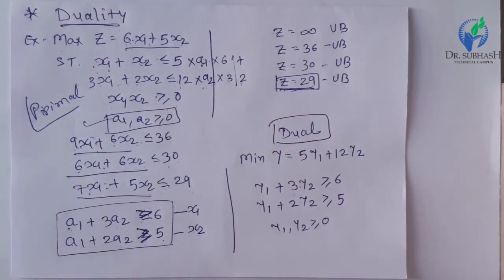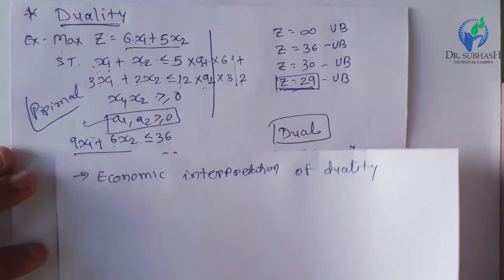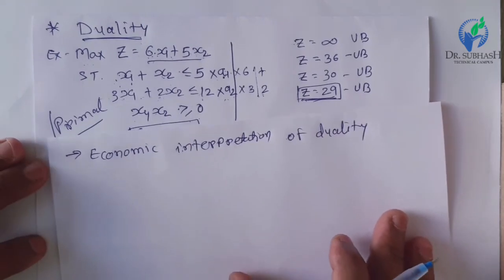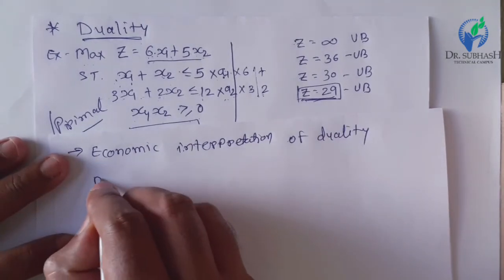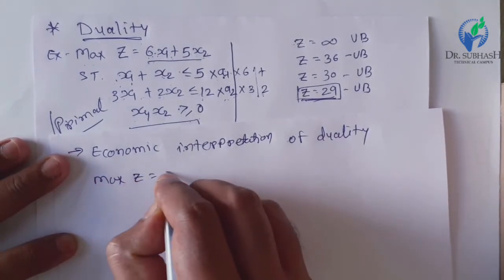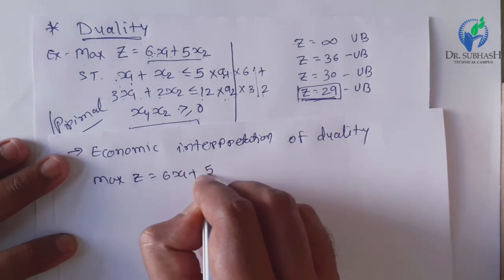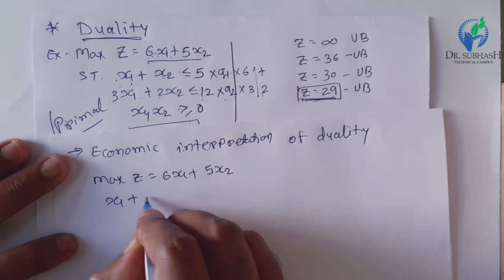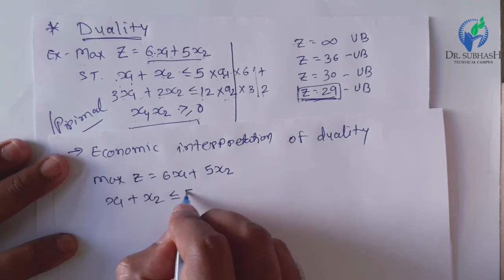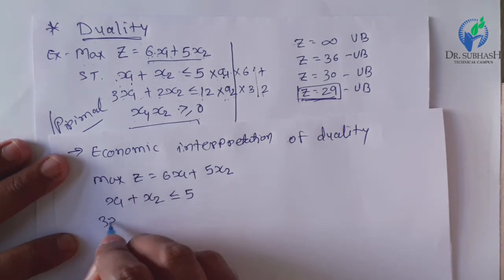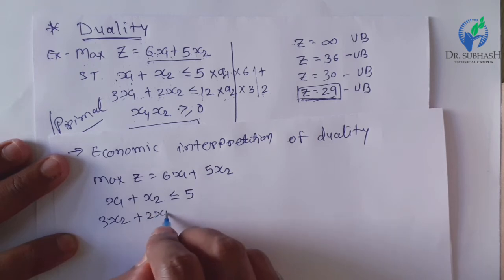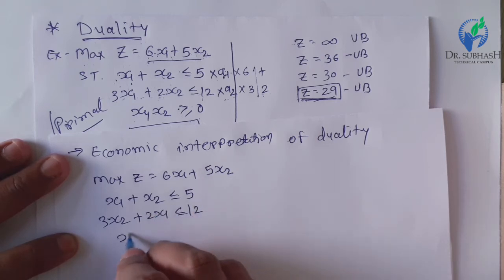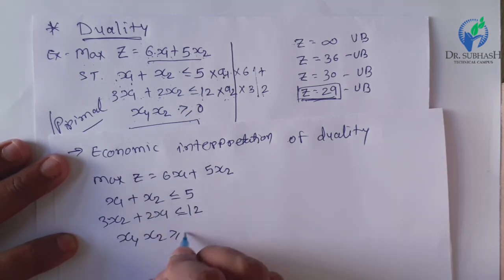This is the problem which we have studied earlier: maximize z equal to 6x1 plus 5x2, subject to the constraints x1 plus x2 less than or equal to 5, and the second constraint less than or equal to 12, with x1, x2 greater than or equal to 0.